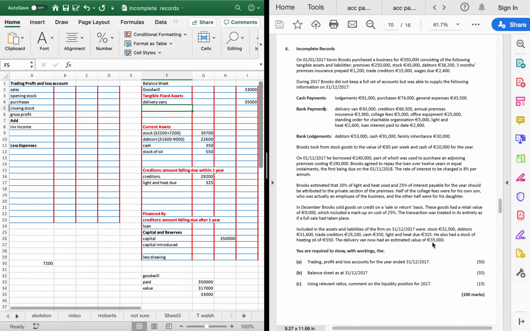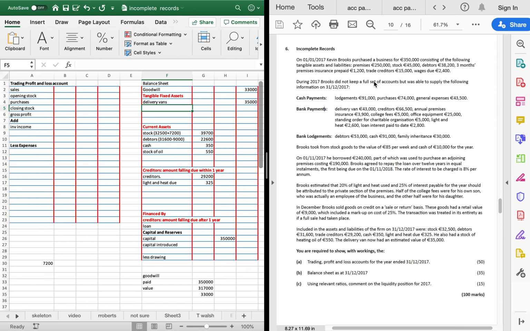Now, it's telling you that's 35,000 its value because it's going to suggest there's depreciation somewhere along the line, and I'll come back to that in a while. Okay. So once you've that done, you've got all your stuff from the top to work out your goodwill in. You've put your capital in, and you've put in all your assets and liabilities from the bottom of the question. You're sort of good to go then with the rest of it.